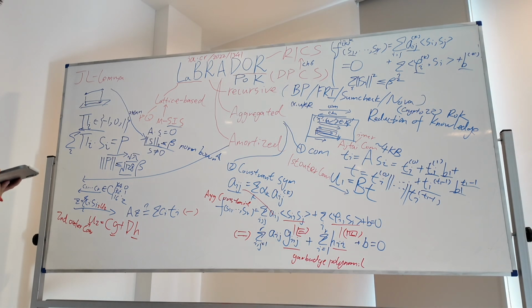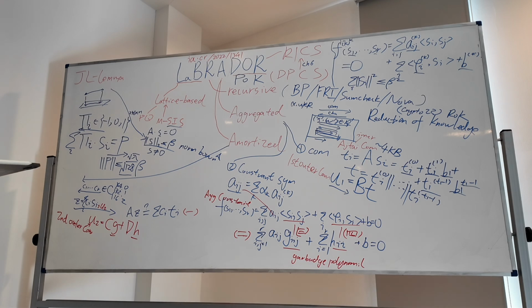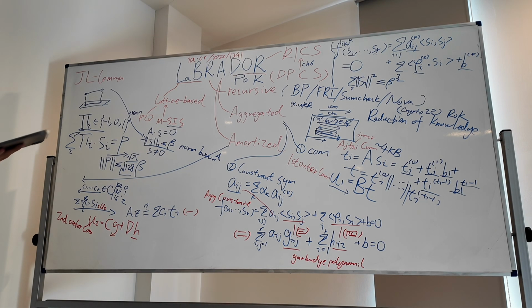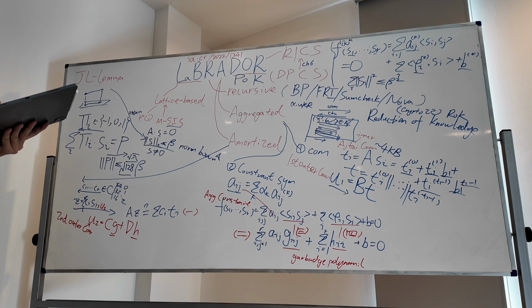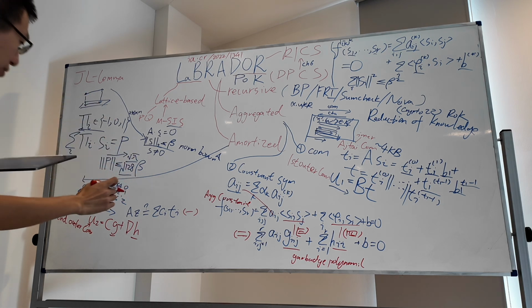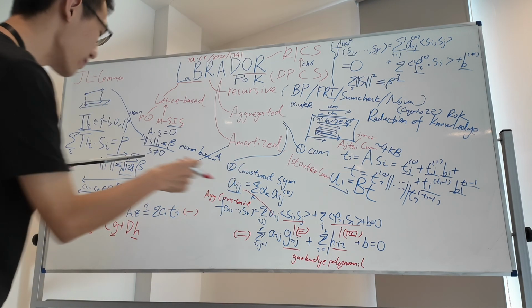No, I think there are some requirements when you are using the Ajtai commitment. You can check it. So A, B, C, D are all public parameters.